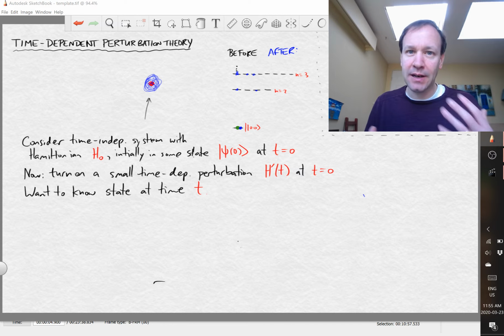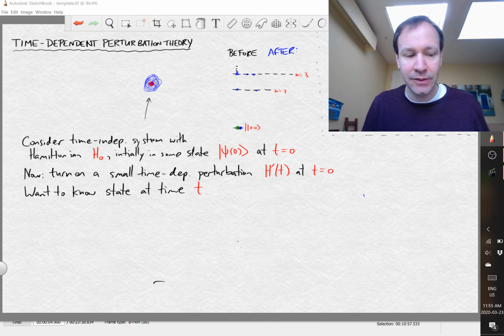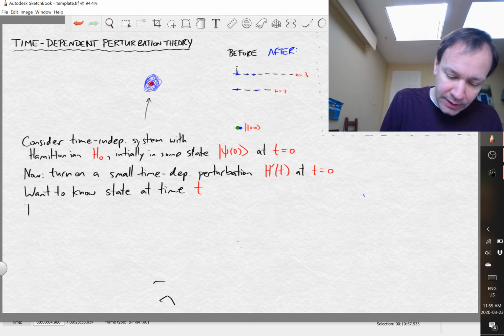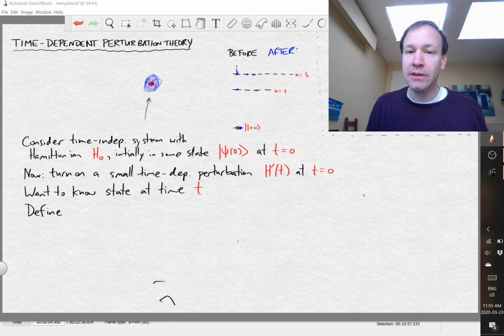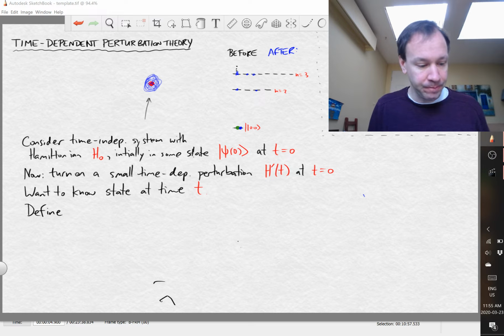So let's just talk about the general setup, and then in the next video we'll actually see how to solve our problem. And so what we want to do is first choose a basis to work in, and we will be working in the basis of energy eigenstates of our original Hamiltonian.